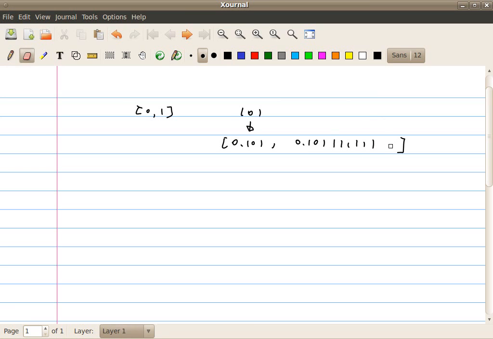Or I can write this as 0.1011 dot, something like that.